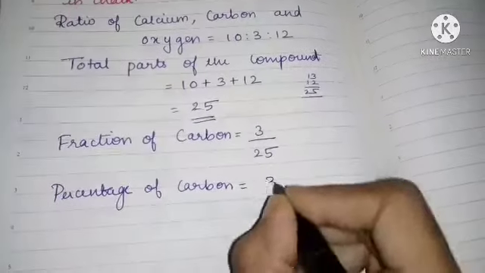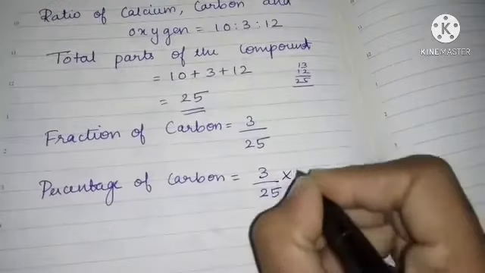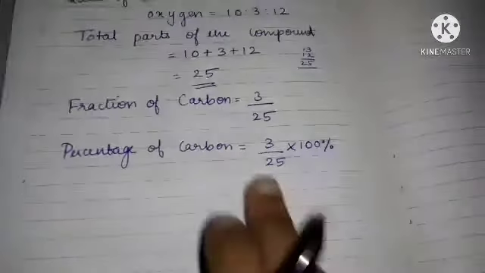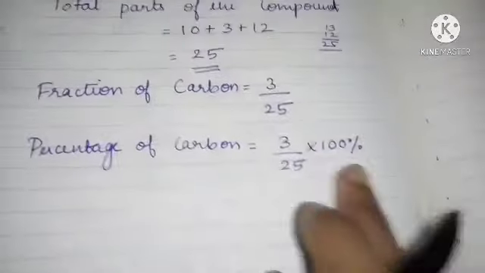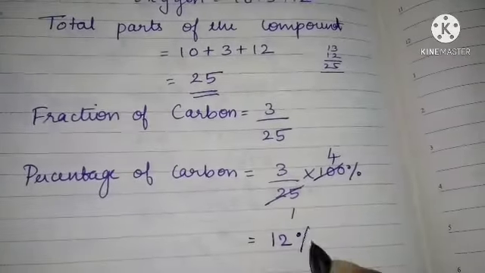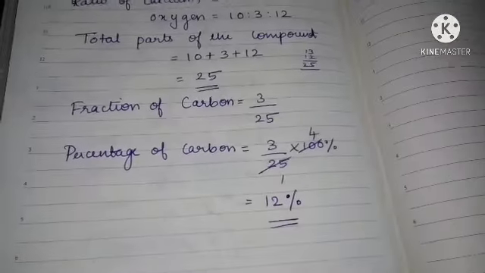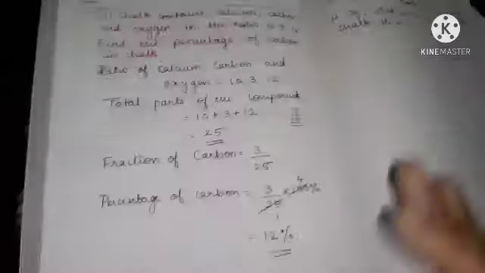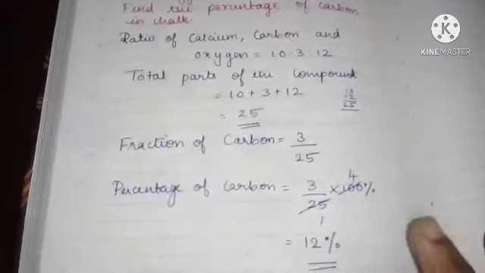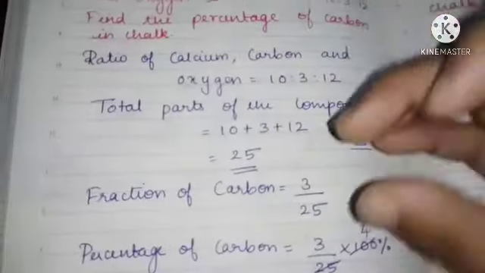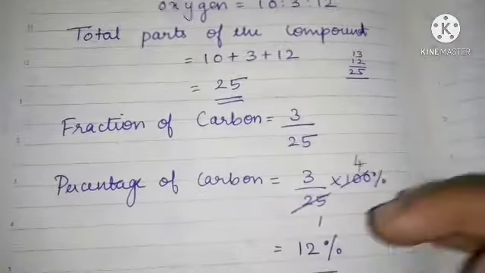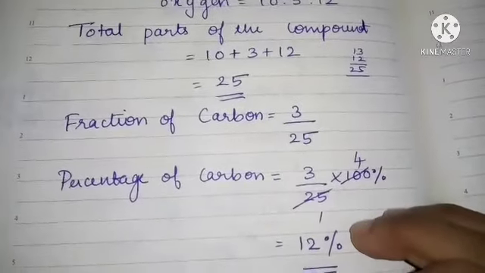So 3 by 25 is the fraction into 100 percentage. So percentage of carbon, how you will find it? 3 by 25 into 100 percentage. 25 ones are 25, 25 fours are 100, 4 threes are 12. So 12 percentage is the percentage of carbon. Okay, so in this total parts, 12 percentage is used by carbon. Because the ratios are given, in that I have found the fraction of carbon. Using that fraction, I multiplied into 100 to find the percentage of carbon. Understood?